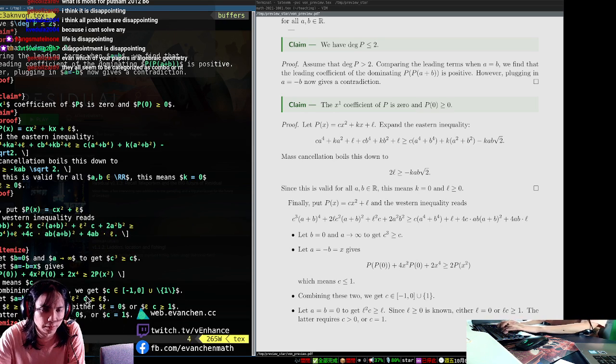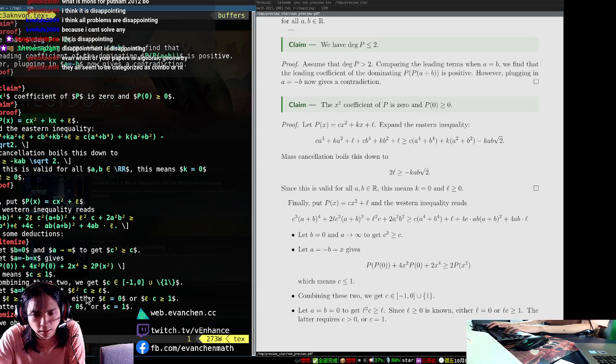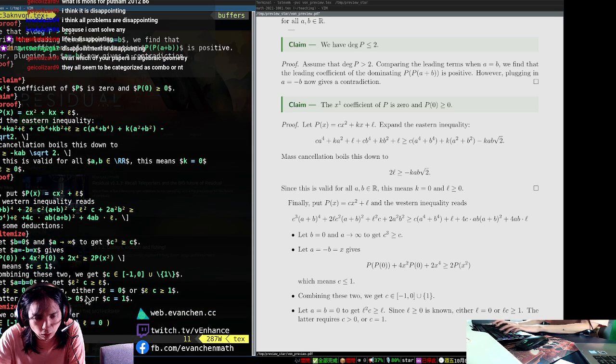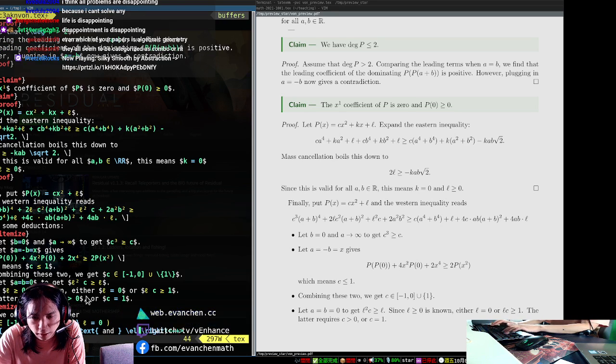We make some deductions. Hence, we obtain that either C in minus 1, 0 and L equals 0, or C equals 1 and L at least 1.